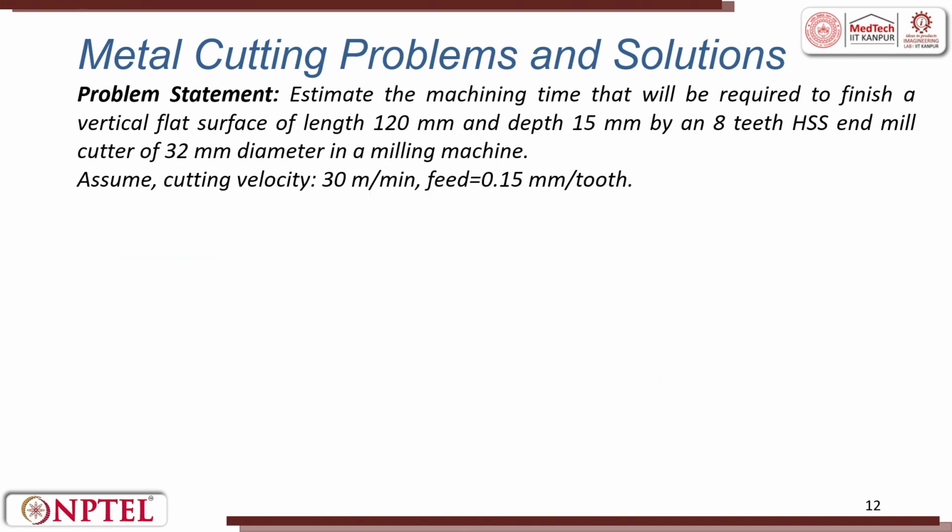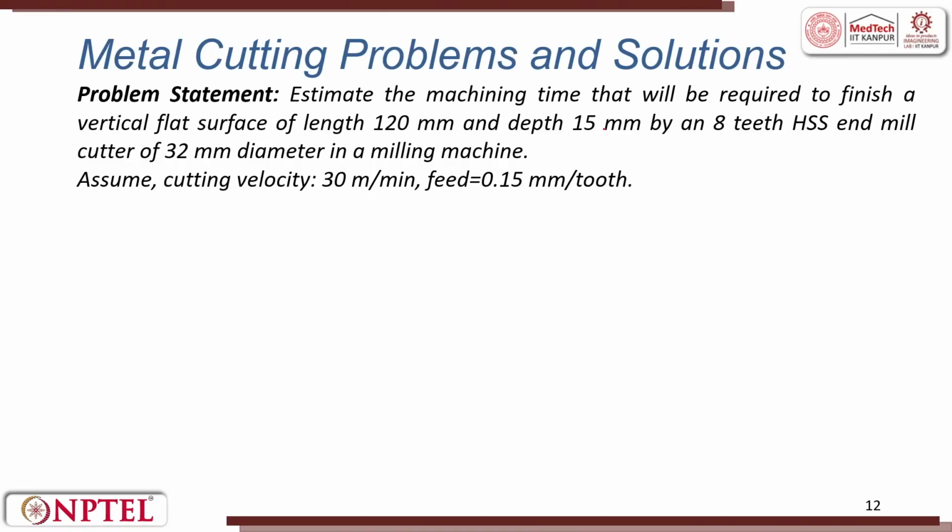There is a similar problem statement where we need to find the machining time. Sometimes a feed is given, speed is given, and like we have seen, the approach length and the over travel length are given. In this problem statement, we have to calculate the machining time that will be required to finish a vertical flat surface of length 120 millimeter and depth 15 millimeter by an 8 teeth HSS end mill.